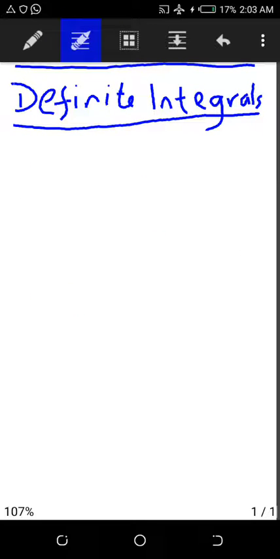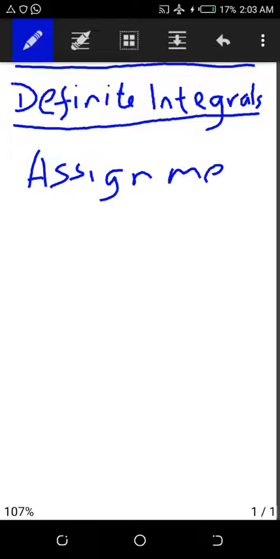Okay, so you're going to evaluate for me the following definite integrals. So we have an assignment on the board. What I would want you to do for me is to try and evaluate the following.